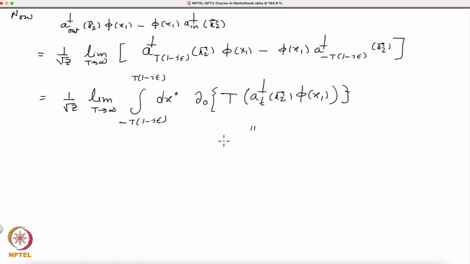So this is the same as the time ordered product of, if you look at what happens if you take a time derivative, we have seen earlier, f k2 t x and then your operator phi x1.